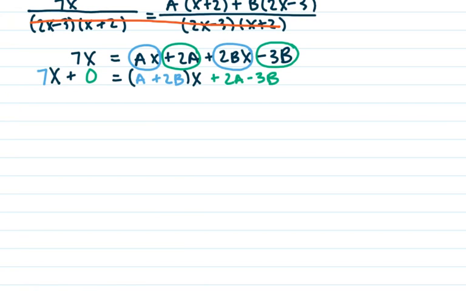So now we can set up our system. We know that the linear coefficient, A plus 2B, has to equal 7. And then my constant, 2A minus 3B, has to equal 0. Okay, so again, it's just a system. It doesn't matter if you solve for A or B first.